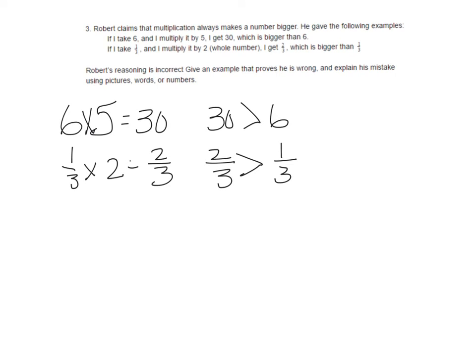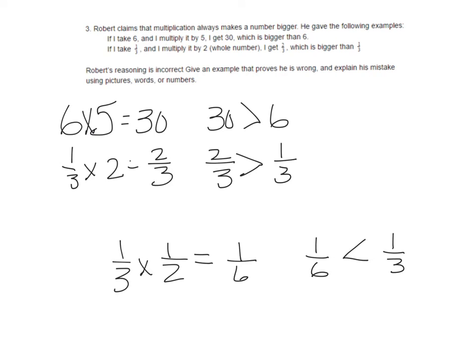Robert's reasoning is incorrect. Give an example that proves he is wrong and explain his mistake using pictures, words, or numbers. So, he did provide 2 examples when the number gets larger, but multiplication can sometimes get smaller. For example, if we multiply a fraction times a fraction, 1/3 times 1/2 is 1/6, and 1/6 is less than 1/3.